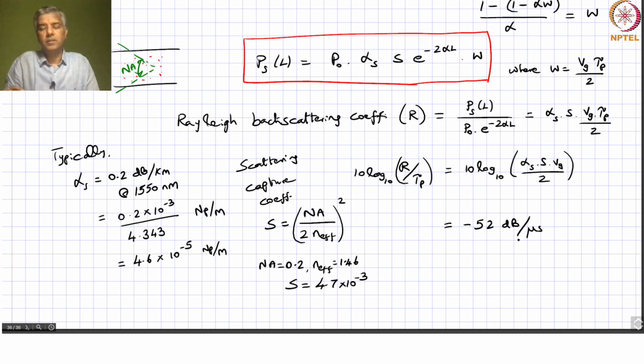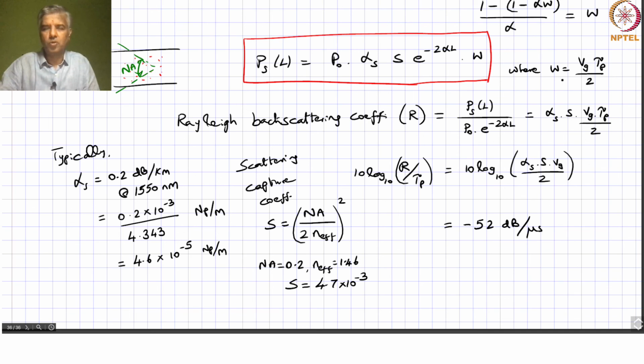If you take 1 microsecond and look at W, you'll find it corresponds to a distance of about 100 meters.